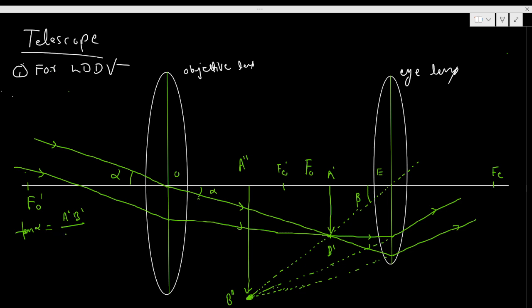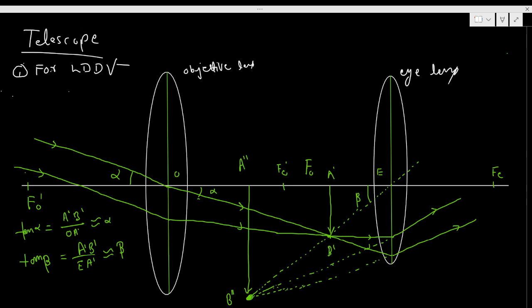Base is OA dash. And since alpha is a very small angle, you can take tan alpha as alpha. In the same manner, tan beta is perpendicular upon base, which is EA dash, and it should be equivalent to beta because the angle is very small.